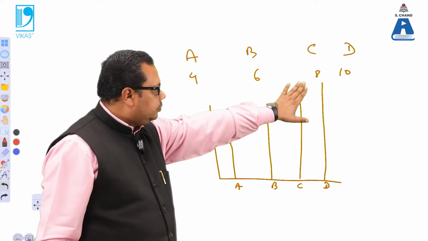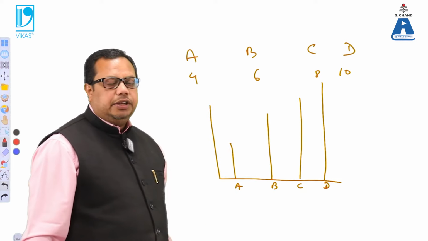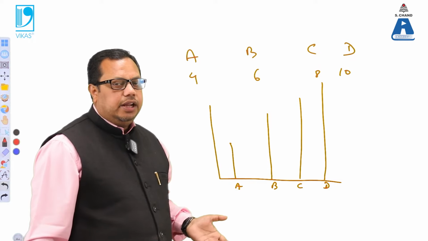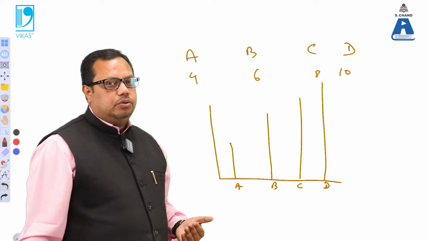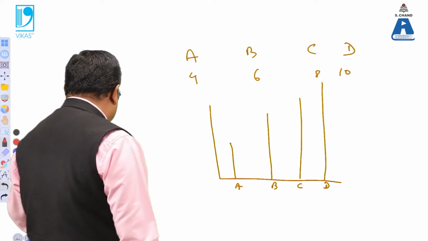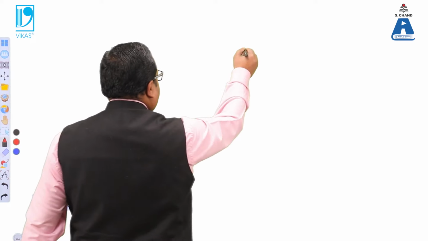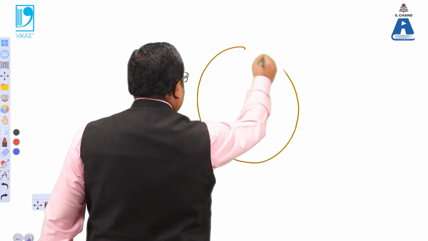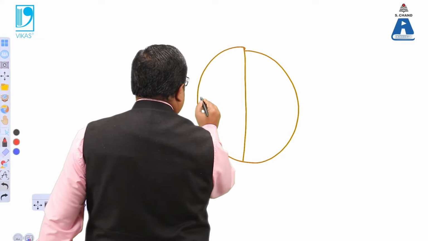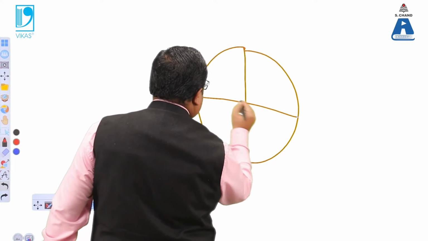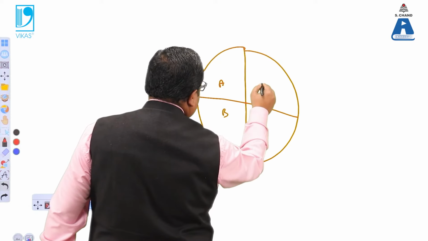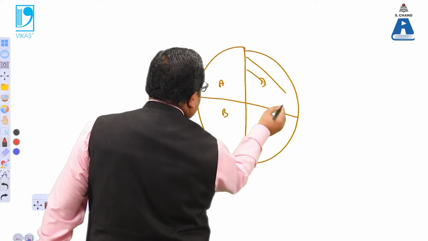So this is a type of bar graph, and the pie chart we color also. Color it in the sense that if we have this A, B, C, D, we can make a change here so that this is A, this is B, then C is high, and we can see D is the highest, and then we can shade it.